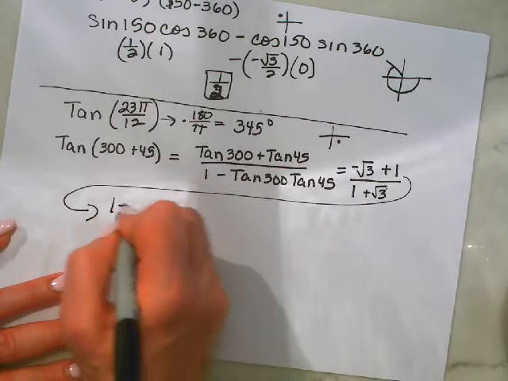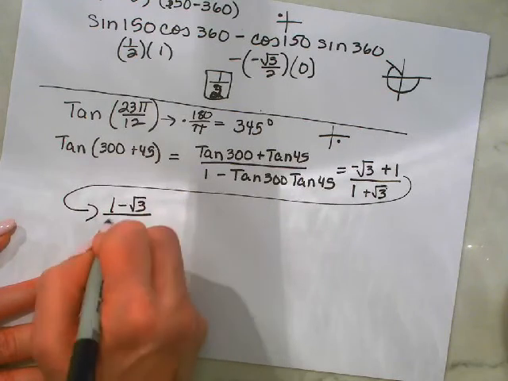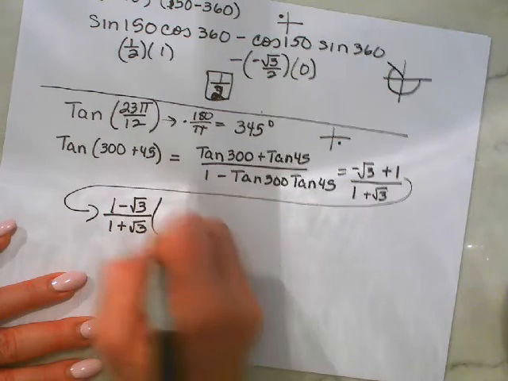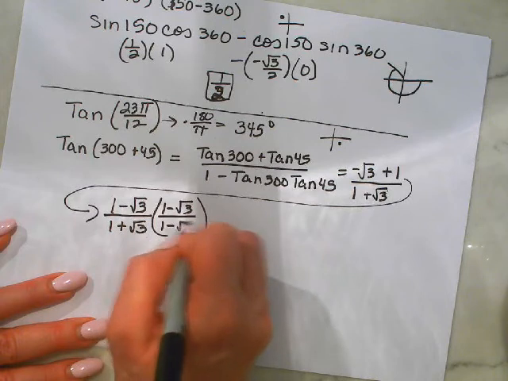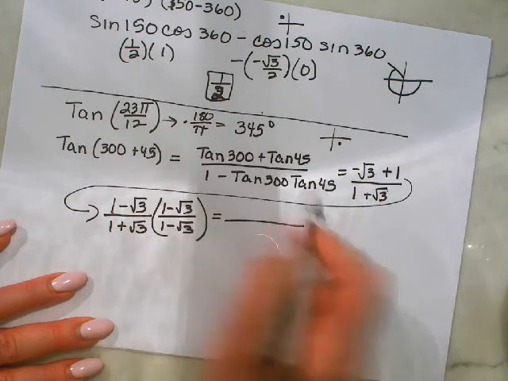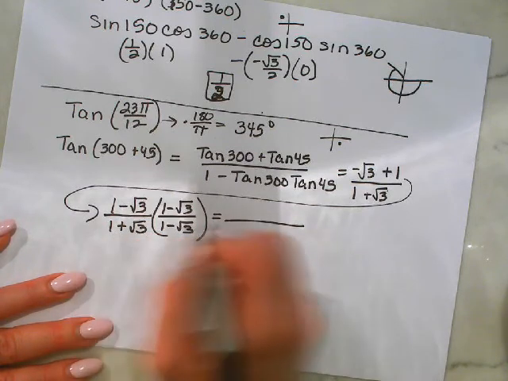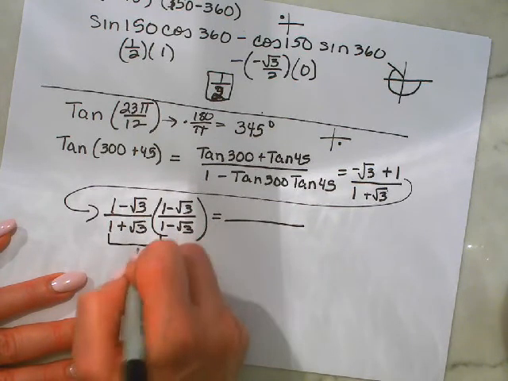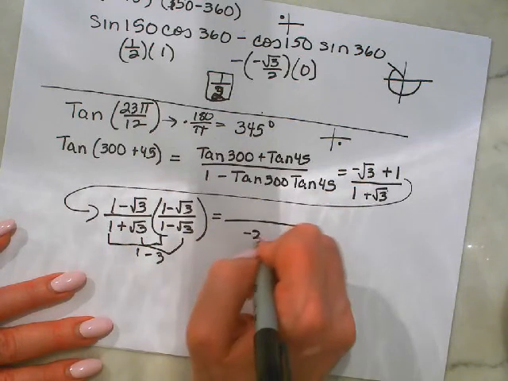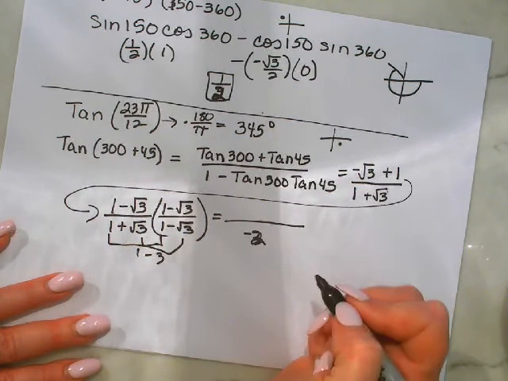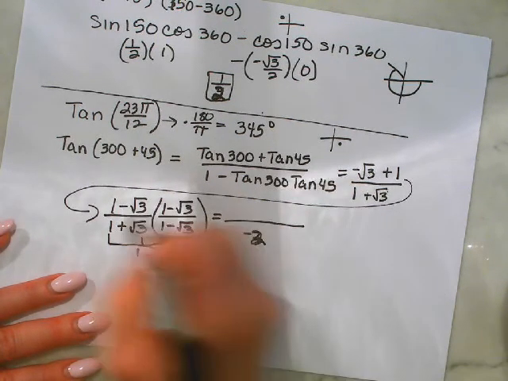Again, I'm going to have to rationalize it. I'm going to bring it here. I'm also going to rewrite the numerator. I don't like it written like that. Multiply it by the conjugate pair. My denominator is going to be 1 minus 3, which is -2.